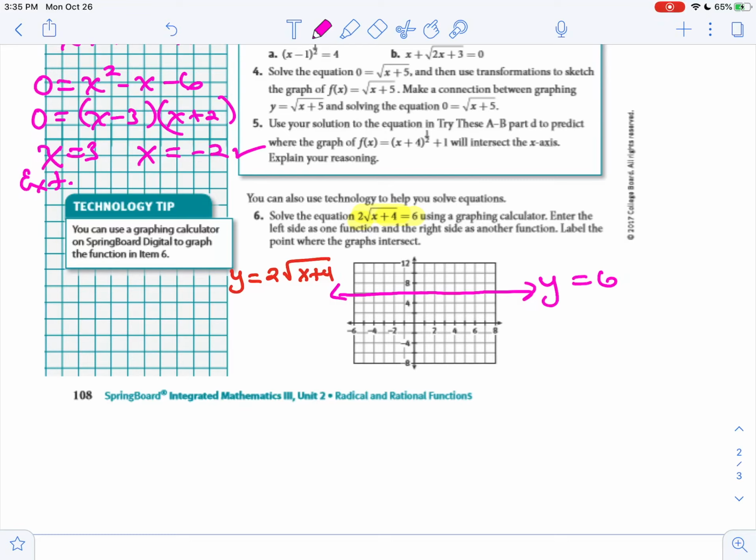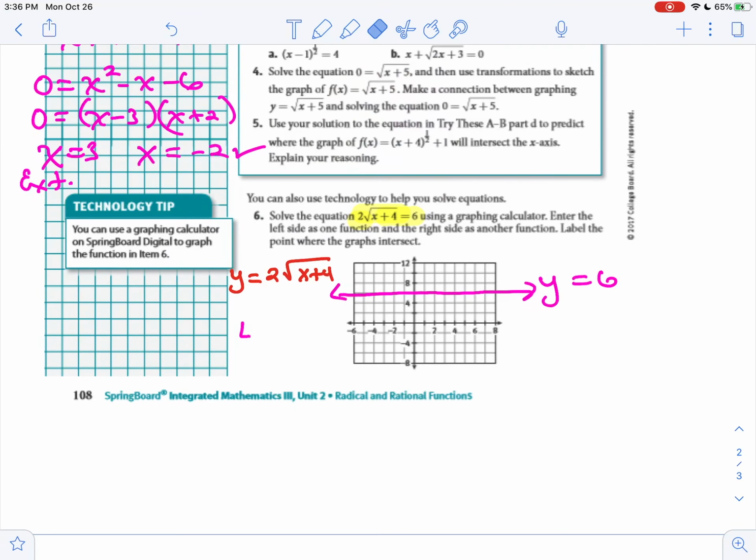Y equals 6 is just the line that goes right through there. So basically, we're going to be looking for where our graph actually crosses that line, and where it crosses that line is the ordered pair that they share. That will be the solution. So let's take a look at, we remember how to graph a square root function just based on the parent function, okay?